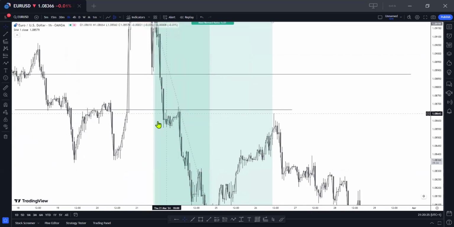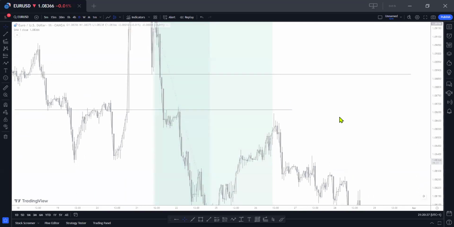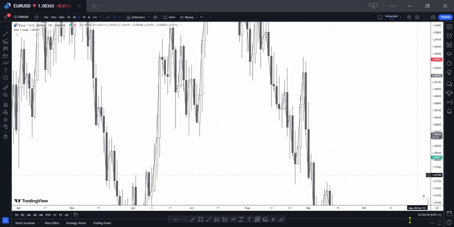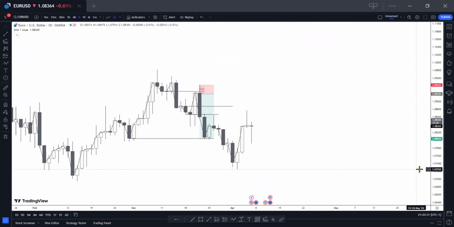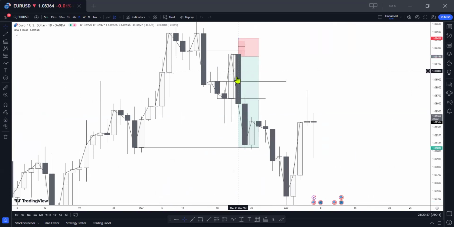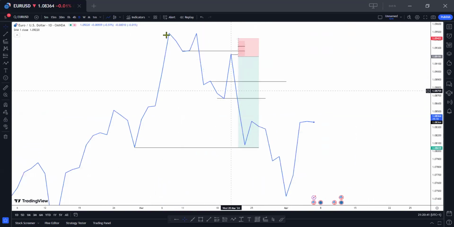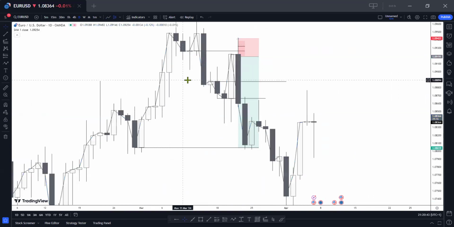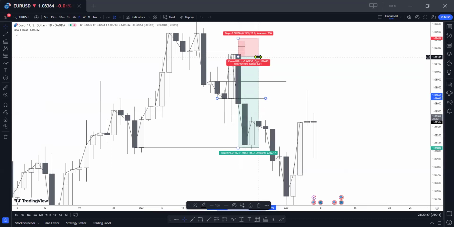Next daily level is this level. What happened? This day broke this level completely. We had a breakout, and what we want to do is enter on the retest.